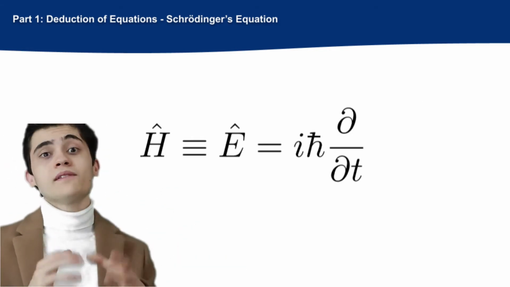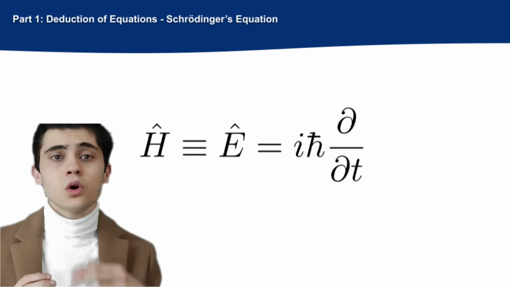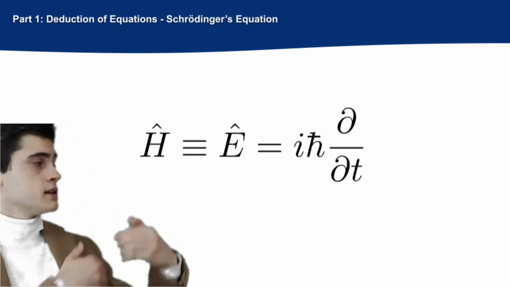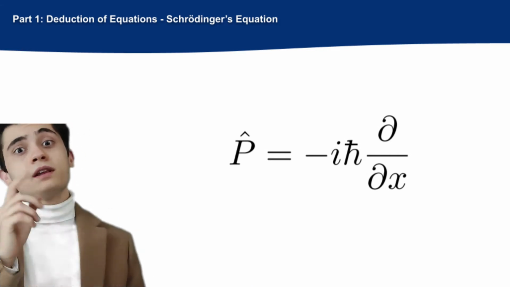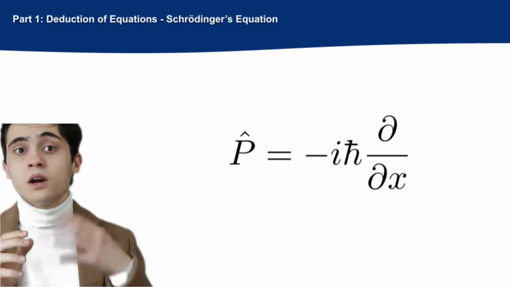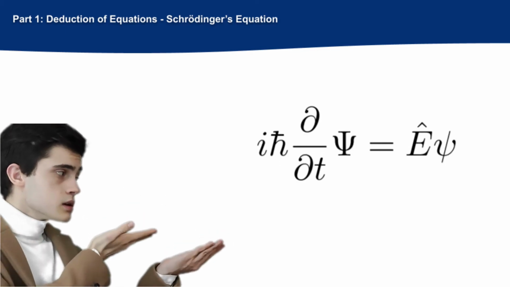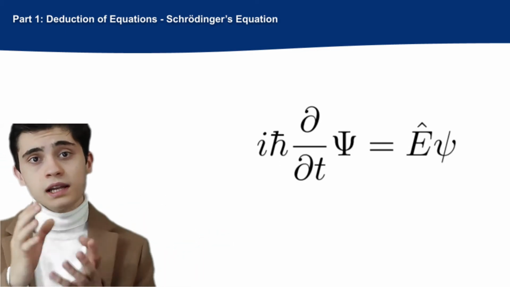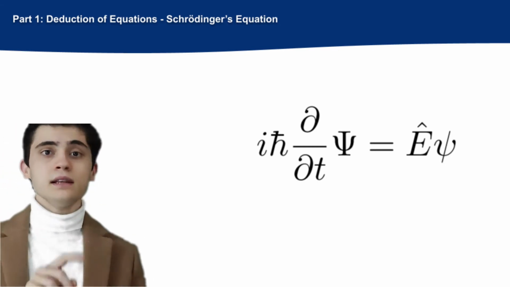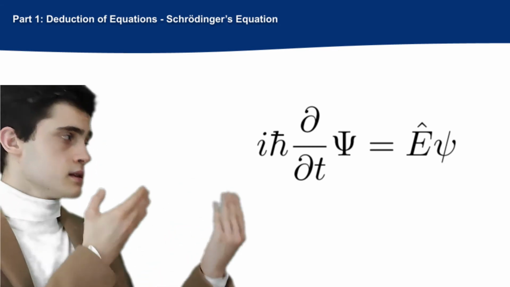Also, we have the linear momentum operator, which is, if we clear from the derivative respect to time, we obtain this, being E the total energy of the system, kinetic and potential energy.